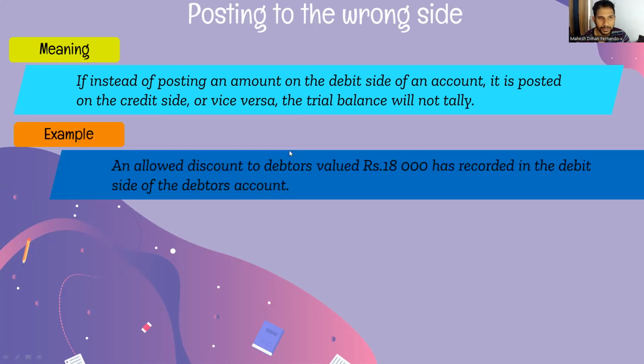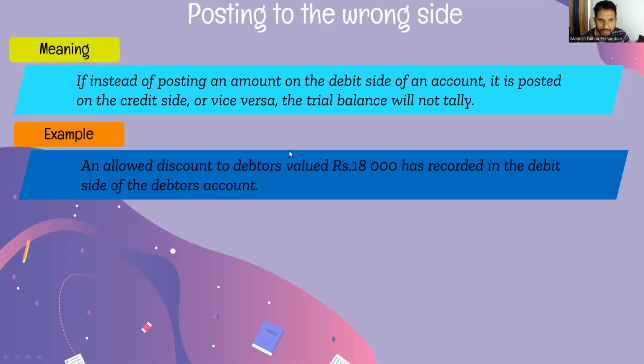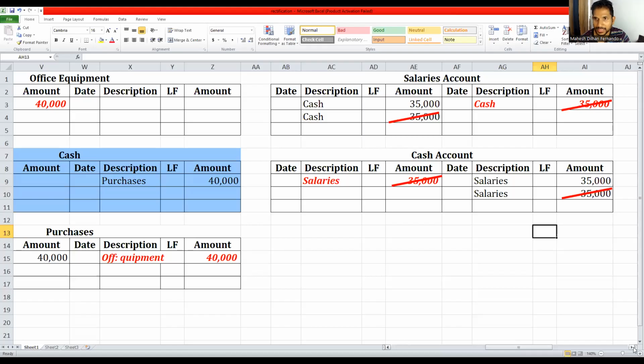And look at this example. An allowed discount to debtors valued 18,000 was recorded in the debit side of the debtors account. Let me take you to the example sheet.